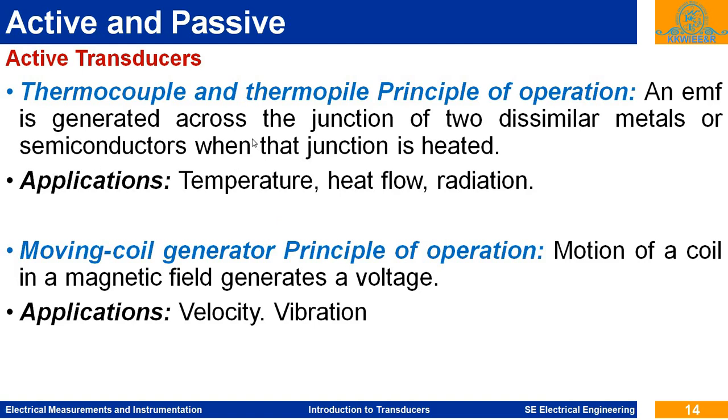So this is called an active transducer, meaning the heat is converted into an electrical signal. For that there is no need of any other source. This principle is called the Seebeck effect. So this thermocouple works on the Seebeck effect, or this thermopile.